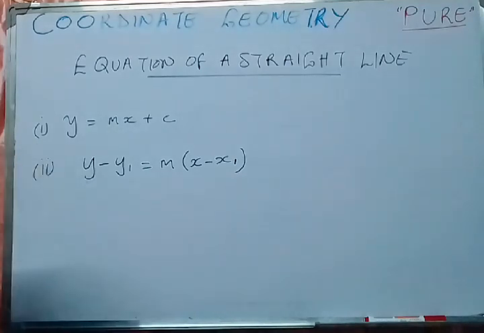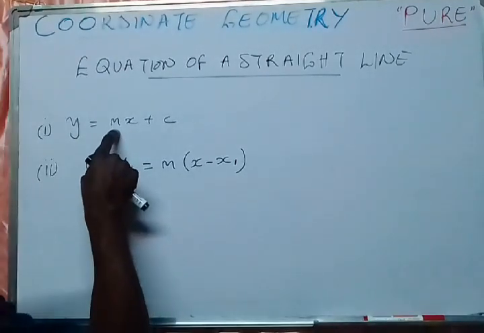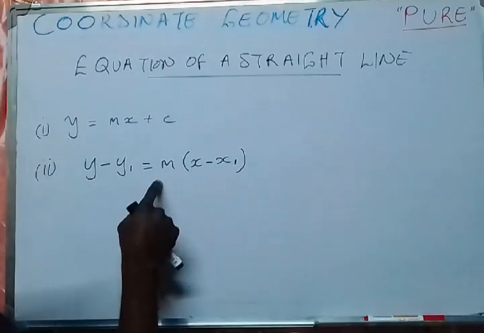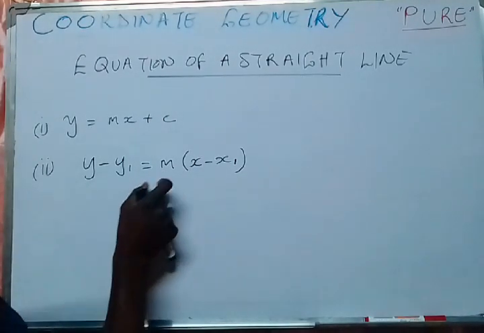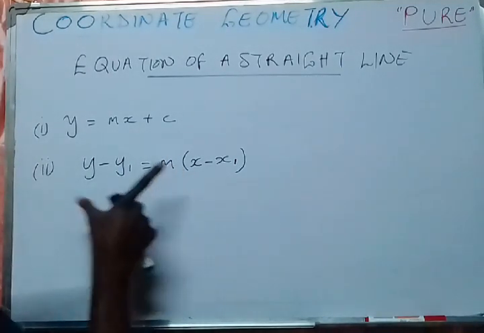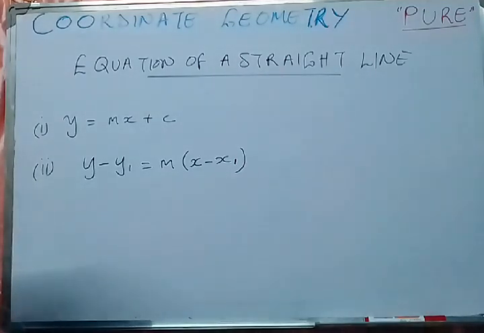This is what you must understand. The previous one is only used when the gradient is known and also the y-intercept. But this one is only applicable when the gradient is known and also the coordinates of a point, which are y1 and x1.